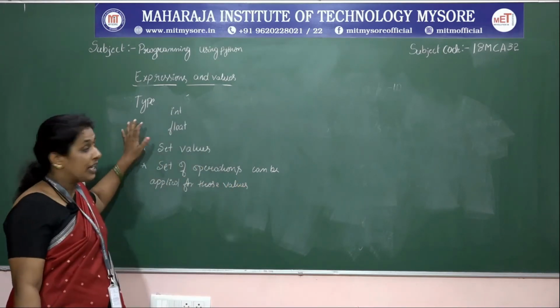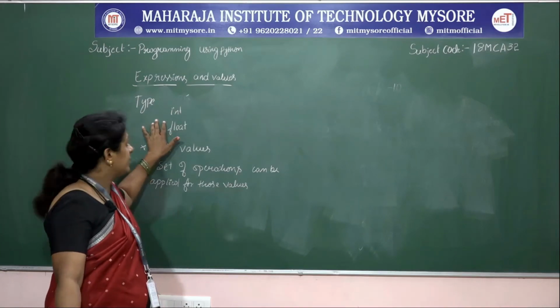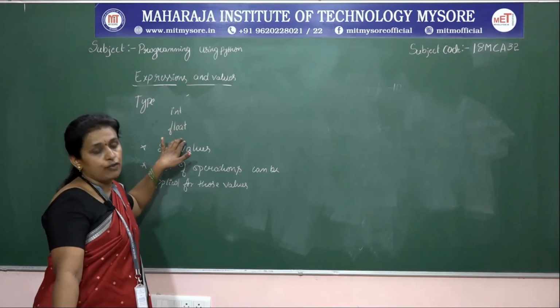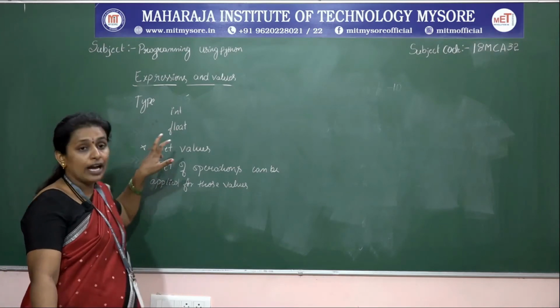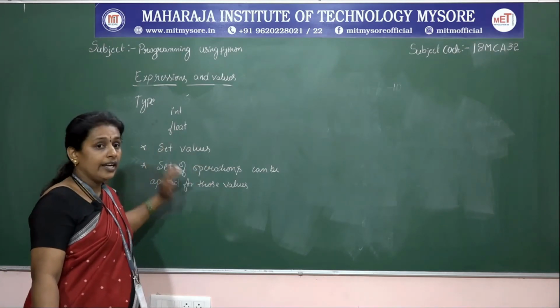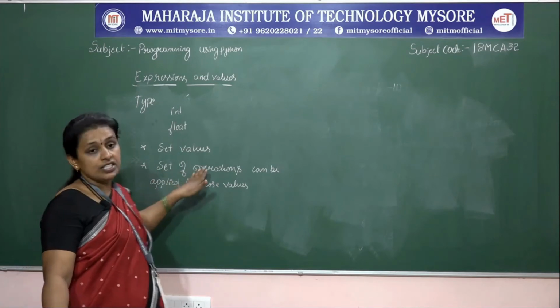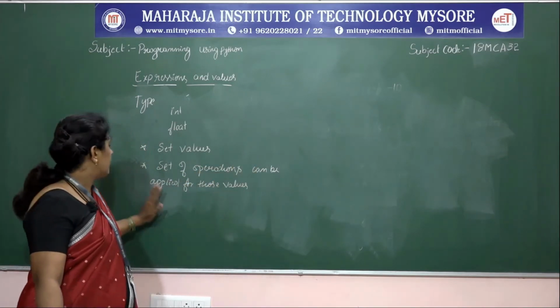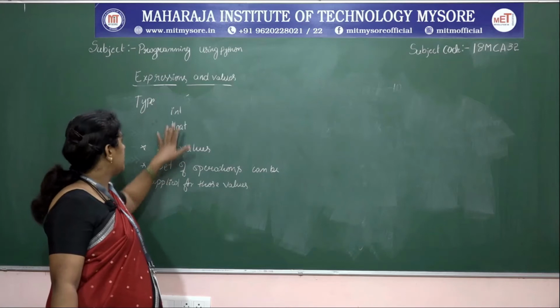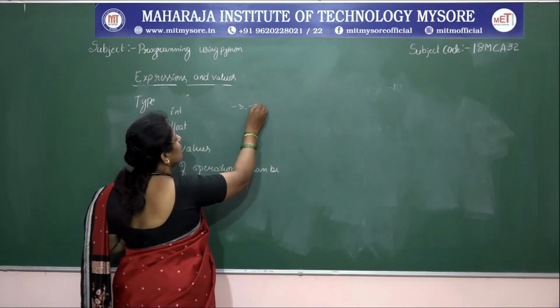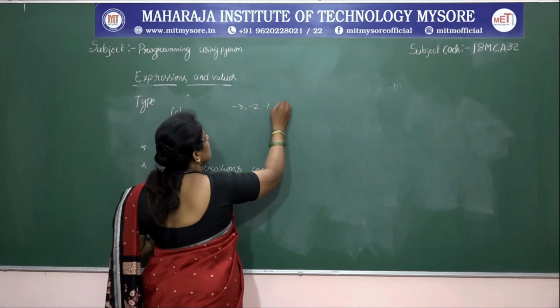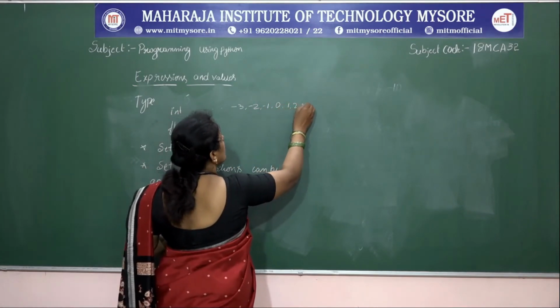So the type, we have seen two types of data, that is integer and float, and a type consists of two things. It sets the values, and it sets the operations that can be performed on the values. For example, with respect to integers, the values can be minus 3, minus 2, minus 1, 0, 1, 2, 3, like that.